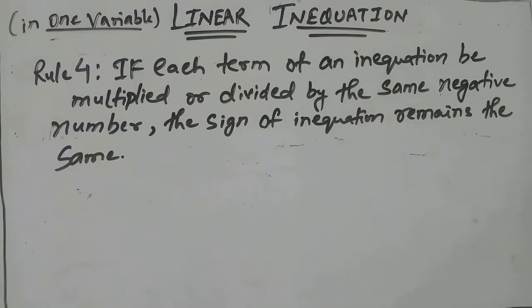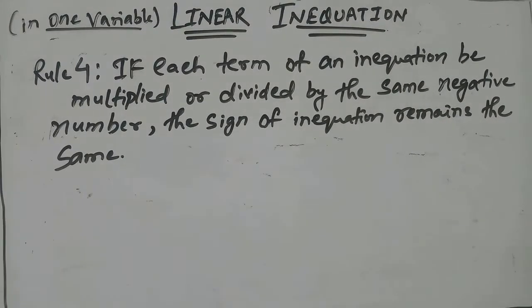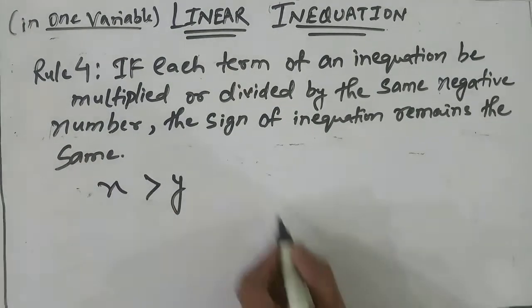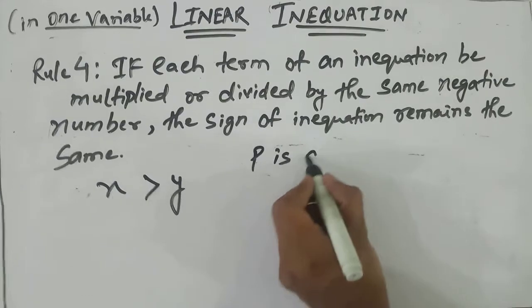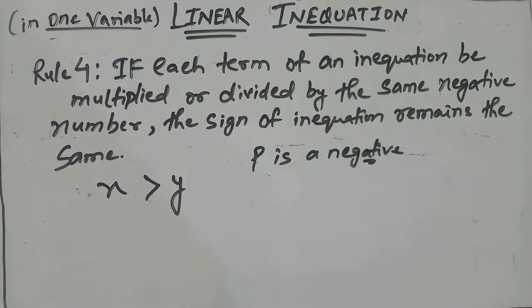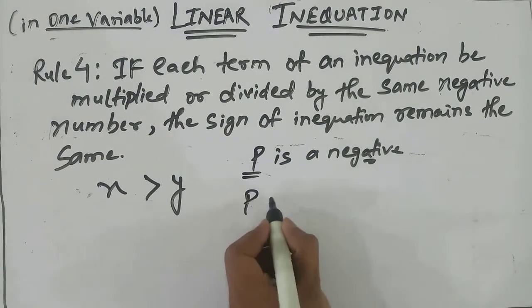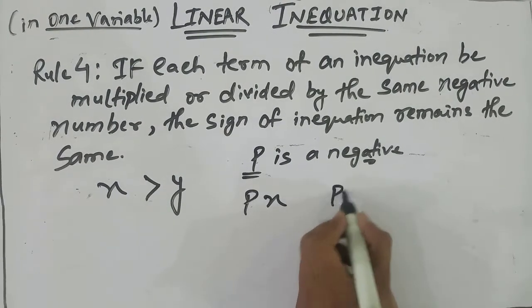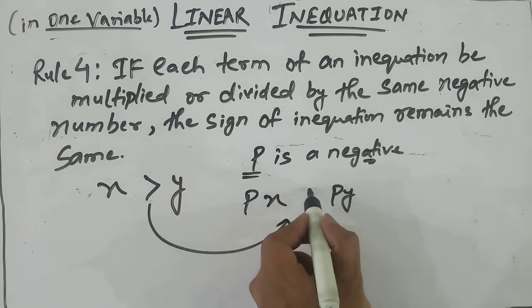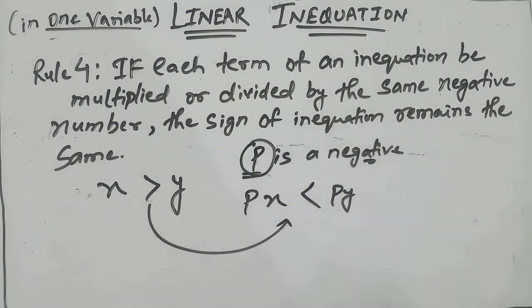Now rule 4: if each term of an inequation is multiplied or divided by the same negative number, like if x is greater than y and p is a negative number, and you multiply both sides, we will get px and py. What happens? Here the sign reverses. Why? Because p is a negative term.